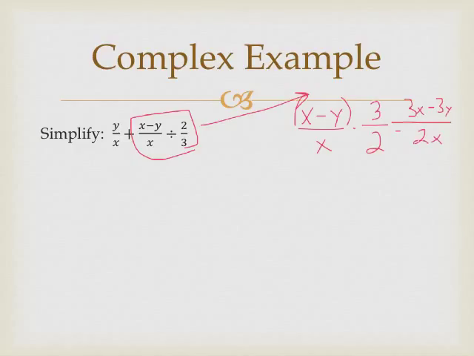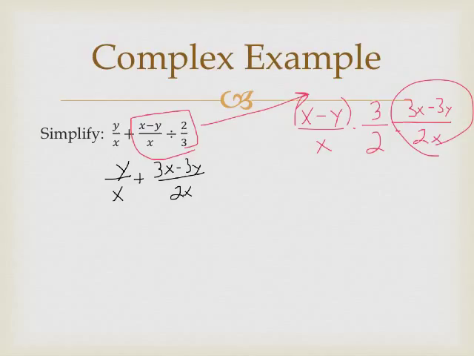Okay, so this is the piece that I can plug back into the beginning of our expression. So now it looks like this. It looks like y over x plus, and everything in red that we just did simplified to 3x minus 3y over 2x. Now what do we need to be able to add fractions? We're going to need a common denominator.